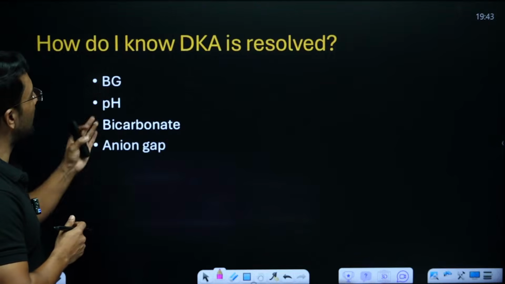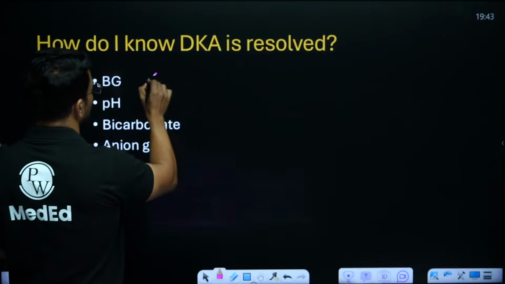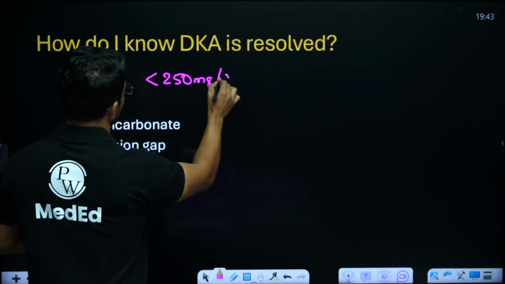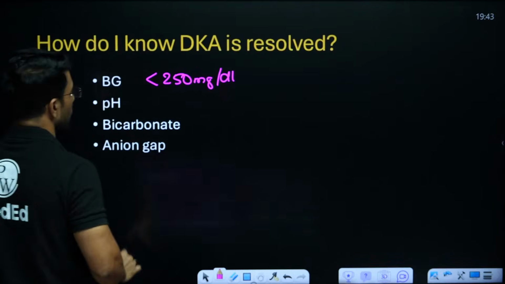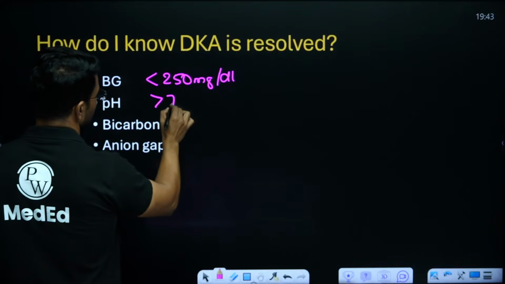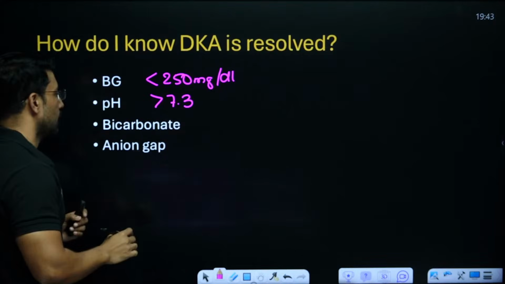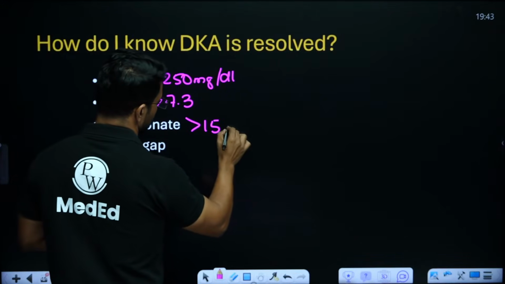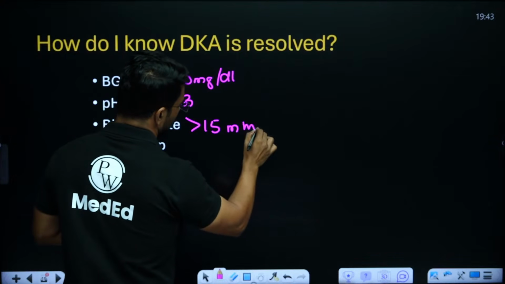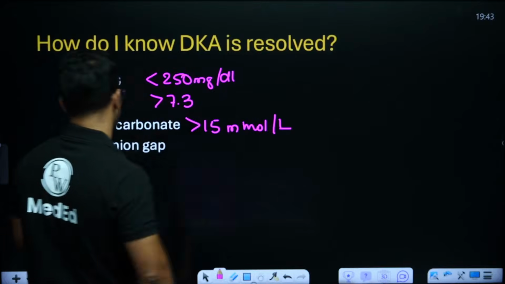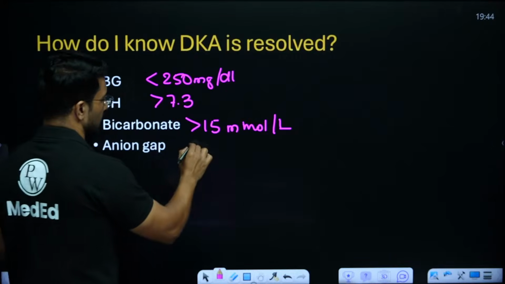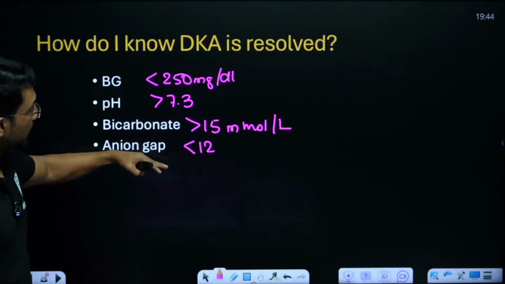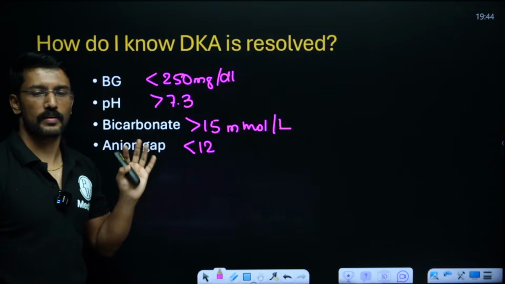We'll say DKA is resolved when the blood glucose value has come down to less than 250 milligrams per deciliter, pH has become more than 7.3, the bicarbonate value has become more than 15 millimoles per liter, and the anion gap has come down to the normal range, that is less than 12. So when these parameters are achieved, we can say that DKA is resolved and then we can step down on the treatment.